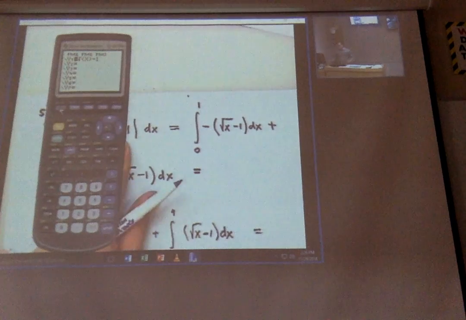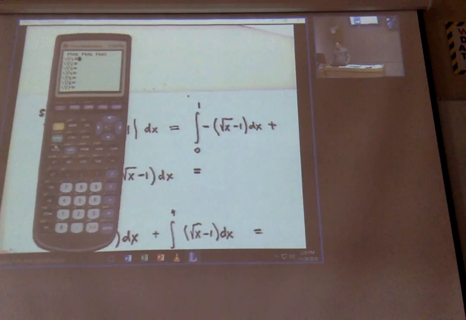So if we put the original one into the calculator, don't forget, go to math, go to the right numbers, that's ABS, that's absolute value, and then you put square root of x minus 1, close the parenthesis. So when you graph, that piece that was on the bottom will be where? On the top, right? And now you go with the second, trace, I want to see just the picture. Go 7, and you go from 0 to 4.